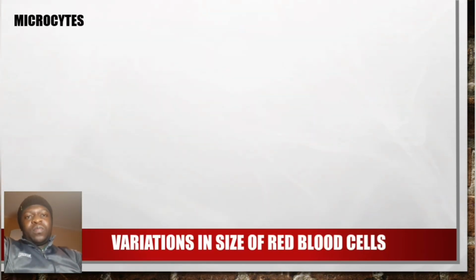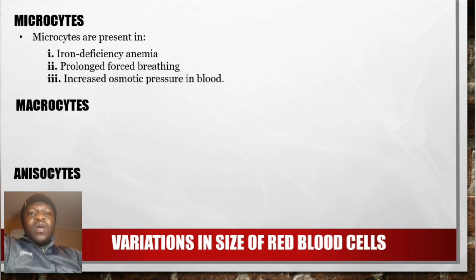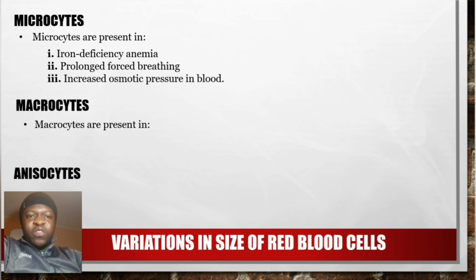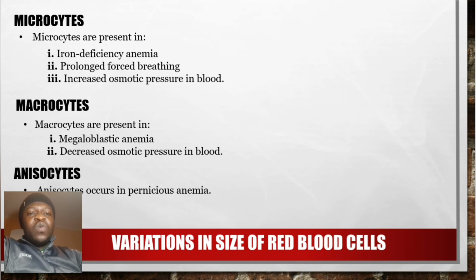Microcytes are usually present in iron deficiency anemia, prolonged forced breathing, and increased osmotic pressure in the blood. Macrocytes will be present in megaloblastic anemia, decreased osmotic pressure in the blood, and anisocytes, right? The anisocytes will occur in pernicious anemia, right?